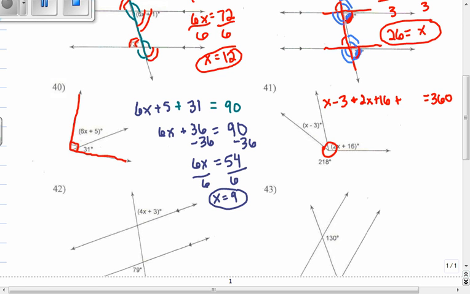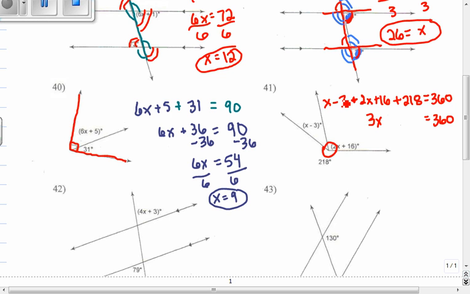And we're adding that to the next angle, which is 218 degrees. Now we have to combine like terms. x plus 2x is what? 3x.